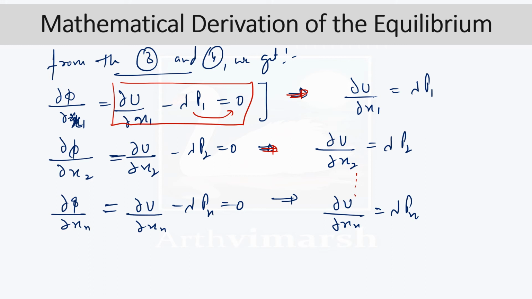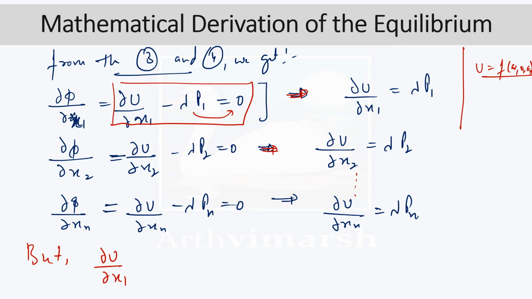But pay attention here, we know del u upon del x1. What is that? Recall, say for instance, this is your utility function as a function of quantity 1, quantity 2, and so on up to quantity n.